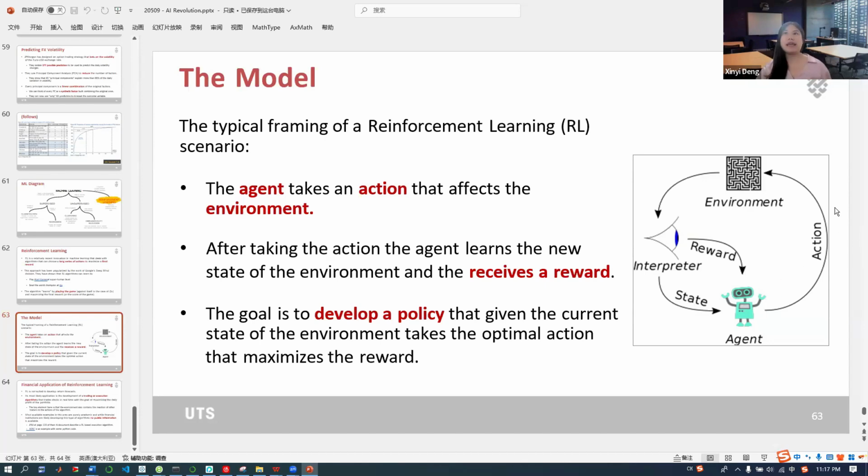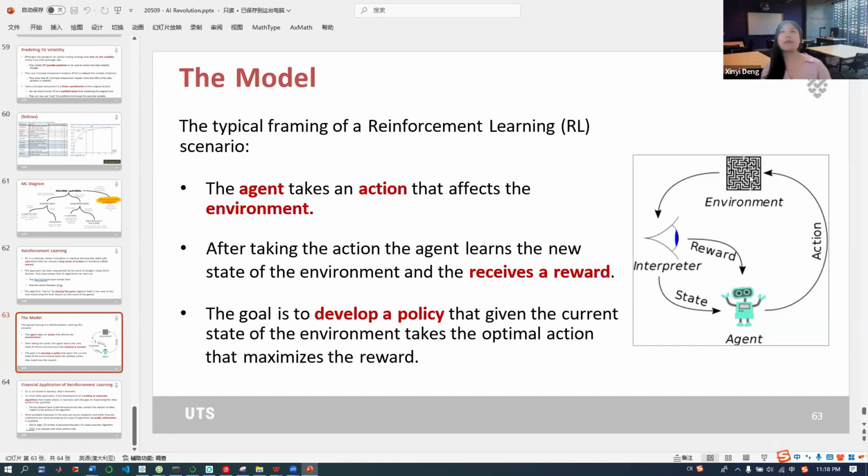In such a problem, the agent is going to take an action on the environment, or in other words, the agent is going to interact with the environment. Of course, the environment is going to be influenced by that action, right? And in return, the environment feeds a reward to the agent, and the environment also changes from the existing state to a new state.